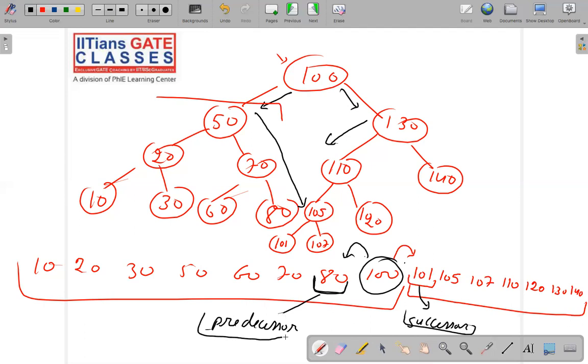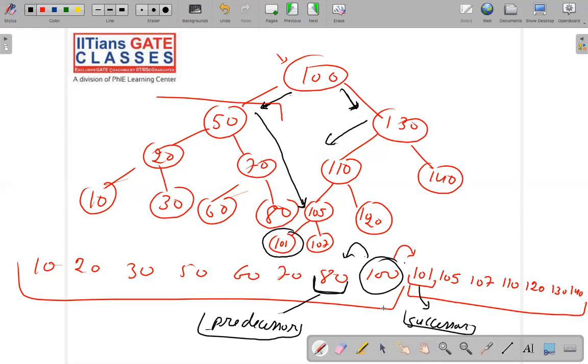So in Inorder traversal, what is the predecessor of 100? Take one left and then take all rights and reach the leaf node. Similarly, in case of successor, take one right and take all the lefts and reach the leaf node.